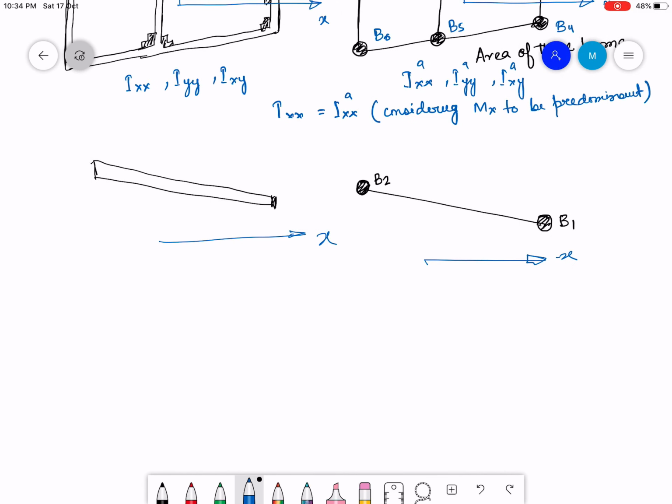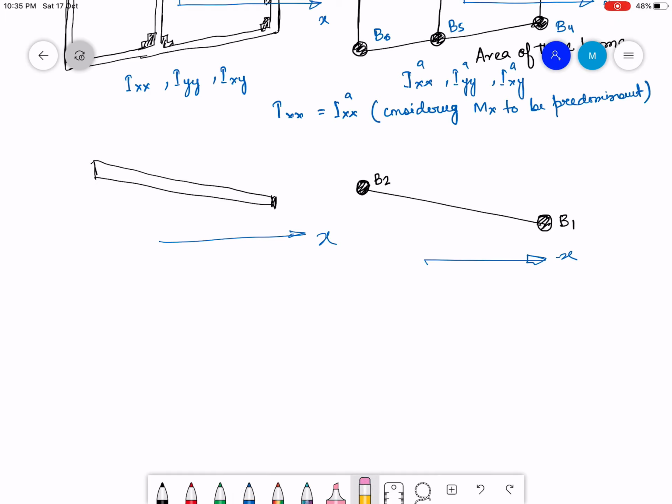So let me just reiterate what I have done. I have just taken a slanted flange, which is at a certain angle to the horizontal x-axis, and I'm just replacing this flange. There is no stringer as of now. I'm just replacing this flange by a skin and two booms.